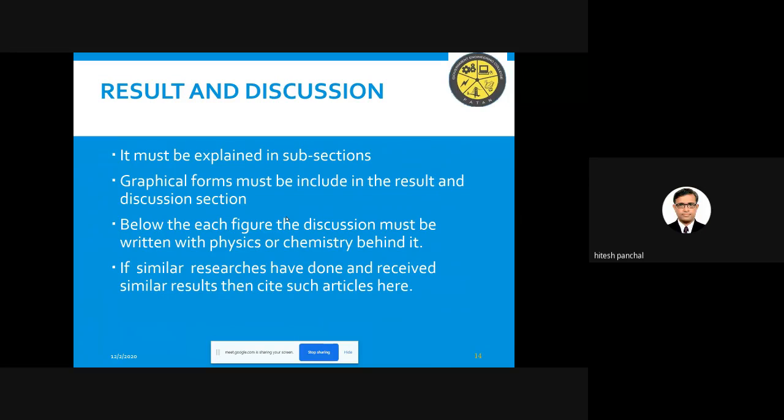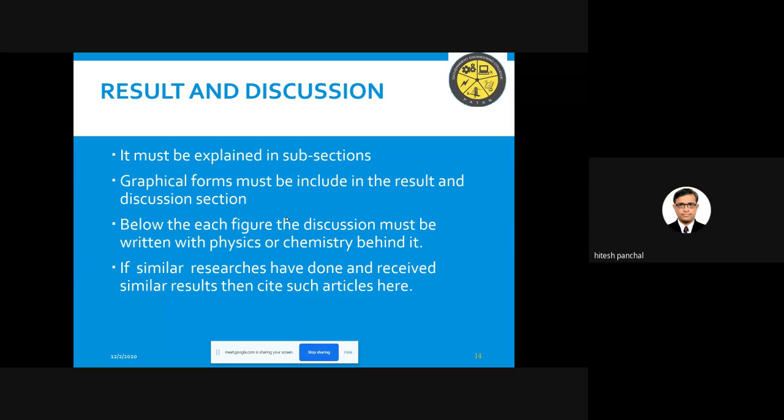Now, in the case of the result and discussion, how will you write it? Result and discussion means whatever methodology you have followed, the answer of that methodology you add in the result and discussion. Here I have put very simple steps. So what is result and discussion?